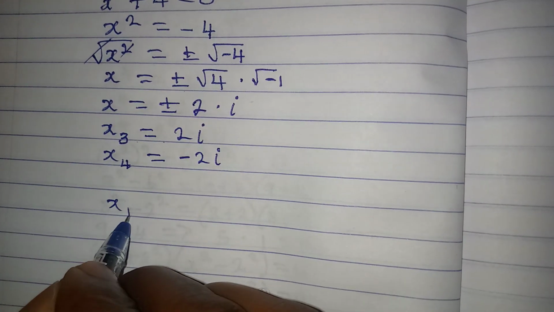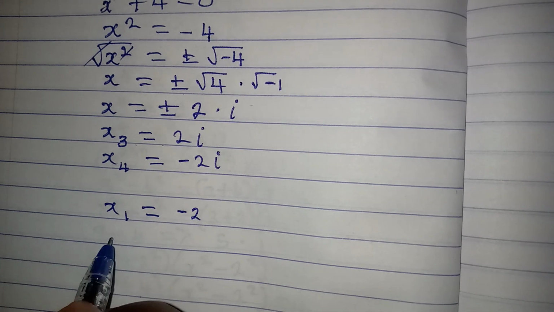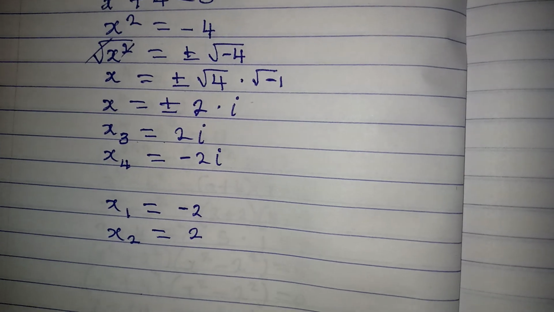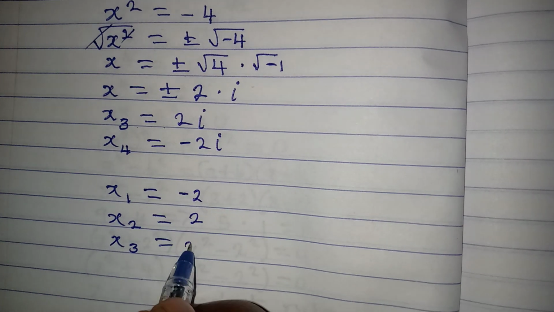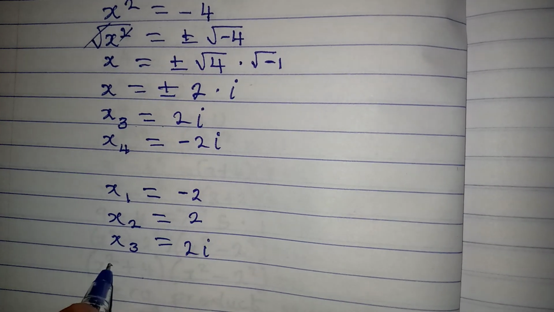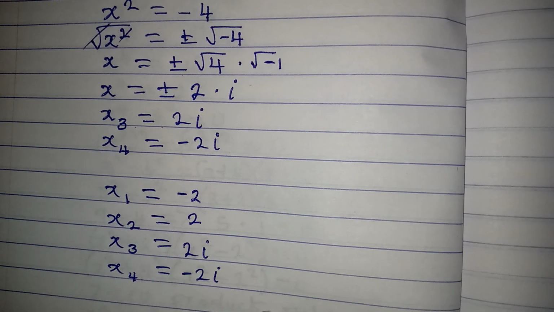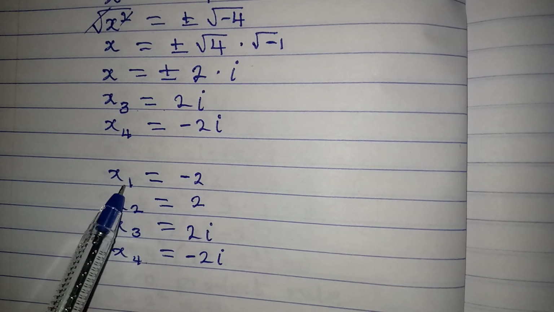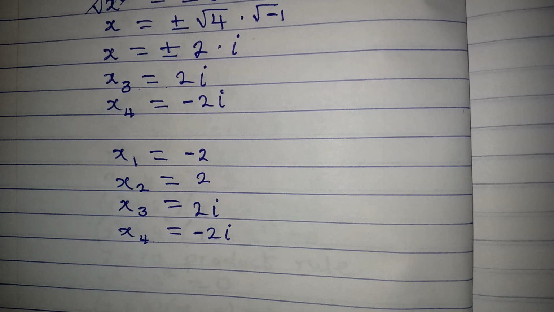Our x1 is negative 2, our x2 is plus 2, our x3 is the one we got from here, which is 2i, and our x4 is negative 2i. So the 2 real solutions for the equation are x1 and x2, but x3 and x4 are giving us complex solutions.